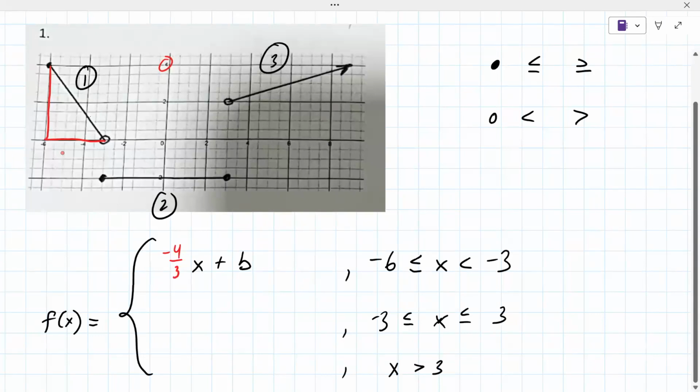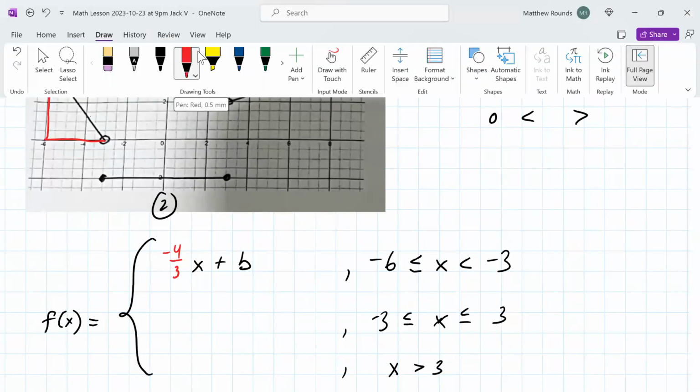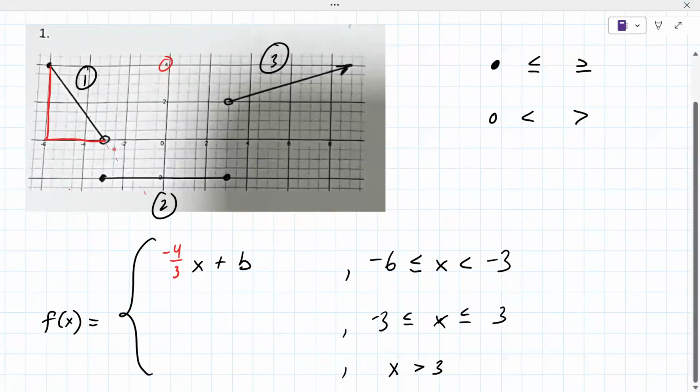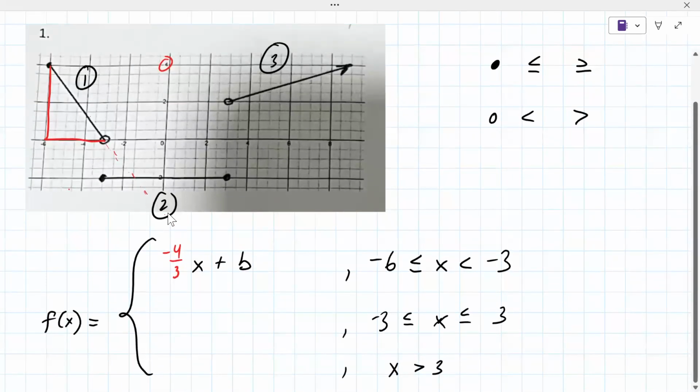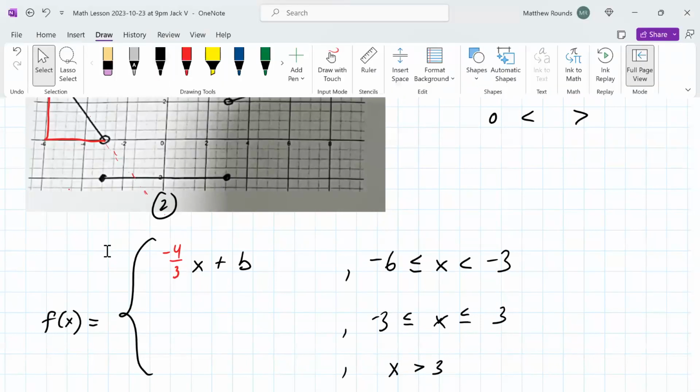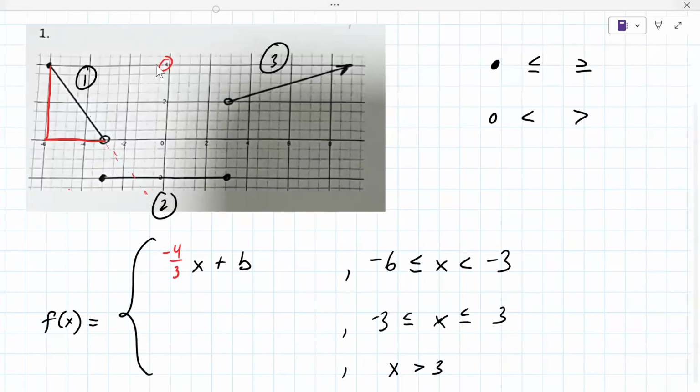Now to get the b value, this isn't the best type of example of this, but sometimes you can just extend the line. In this case, you really can't. So there's a bit more work to do for this one. Typically you would extend the line and figure out where it hits, but that is not possible here. Alternatively, you're going to have to use one of the endpoints.